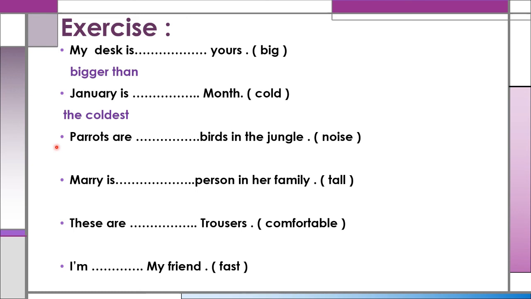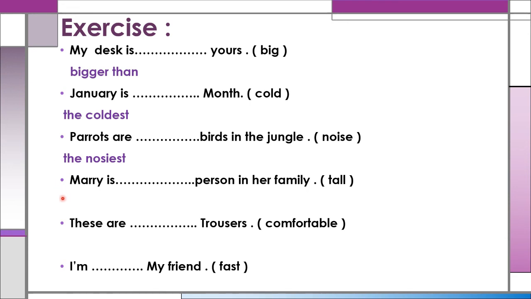Number three, parrots are blank birds in the jungle, and we have the adjective noisy. Noisy is a short adjective and this is in superlative form, so parrots are the noisiest birds in the jungle.